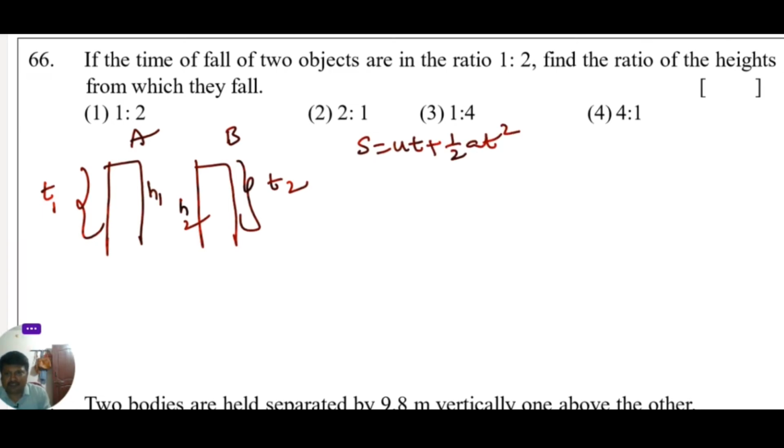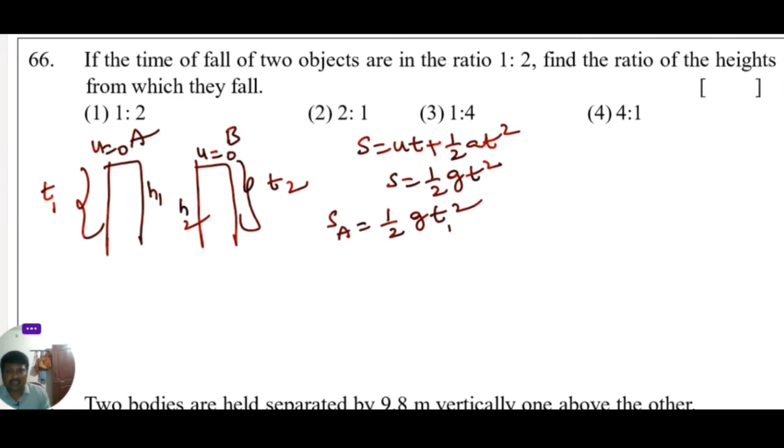So time of fall of objects. Consider initial velocity of A is 0, initial velocity of B is 0. Then S is equal to half g t square. So use this equation for object A. For object A, that is SA is equal to 1 by 2 g t1 square.